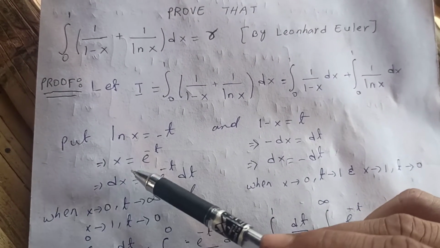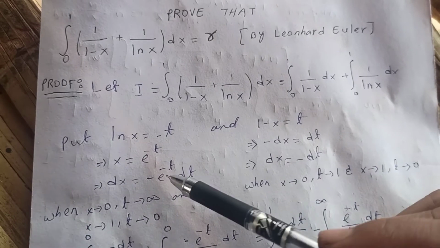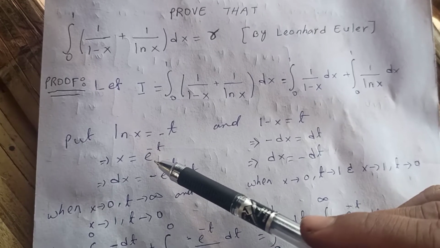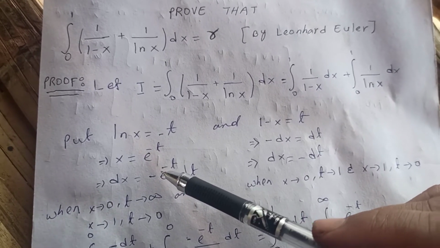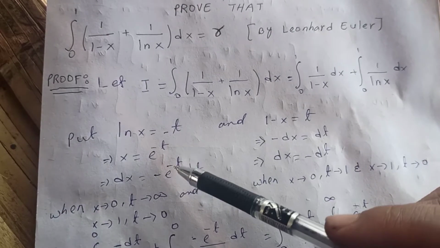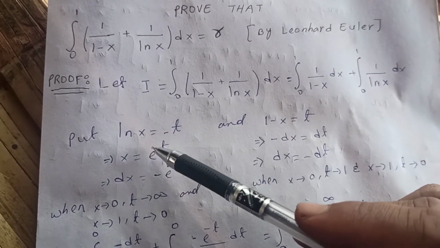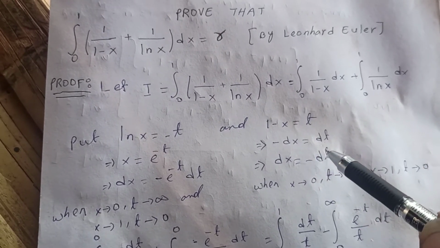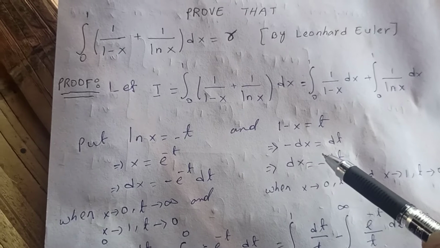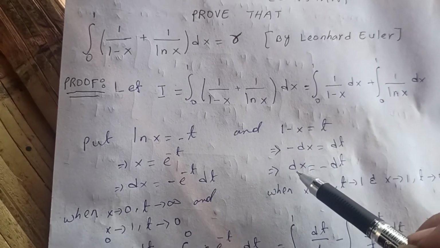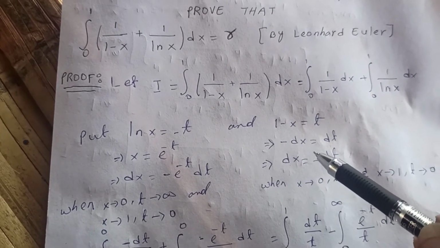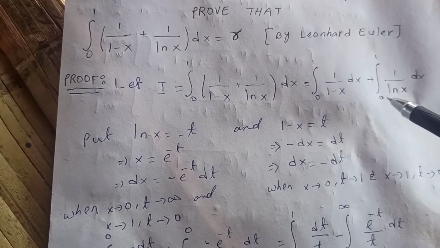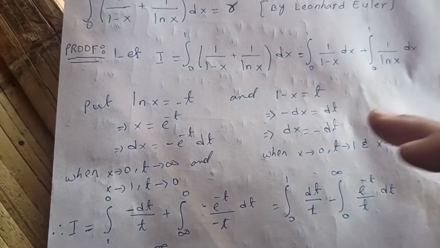So x is equal to e to the negative t, and dx is the derivative of e to the negative t, which is negative e to the negative t dt. For the first integral, dx is equal to negative dt. Why do we put a negative here? Because of our limits.